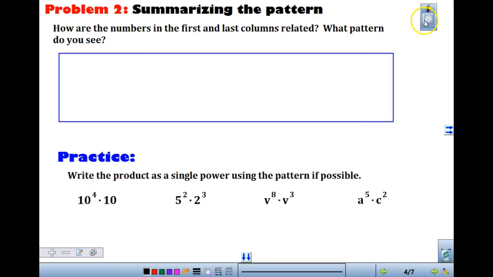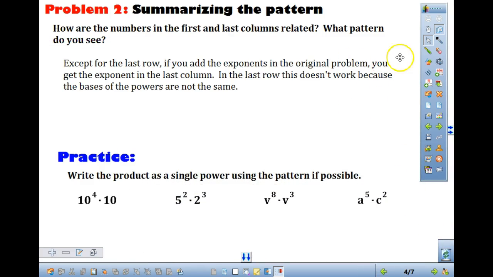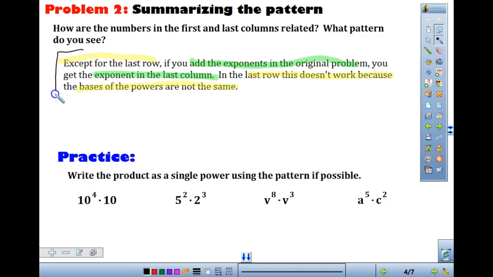So this next part down at the bottom of this page of notes, I'm going to have you take a look at this. It says, except for the last row, what do we do? We add exponents in the original problem to get the last column. Except for the last row. The last row doesn't work because the base powers are not the same. So in that box on your page right there, that's what you're writing in, right? How are the numbers in the first column related? What pattern do you see?